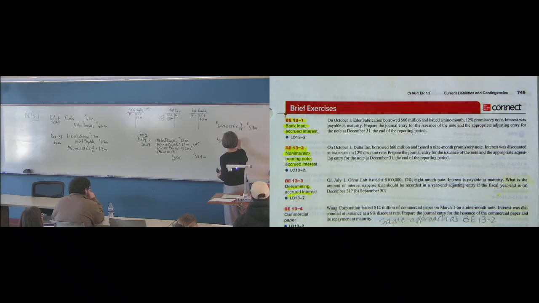My question is, what do I multiply this by to get 1.8? Sometimes I hesitate to do this because I don't want to confuse people, but at the same time, this is an option if this makes more sense to you. This is interest for how many months? Yeah, 3 of those 9 months.